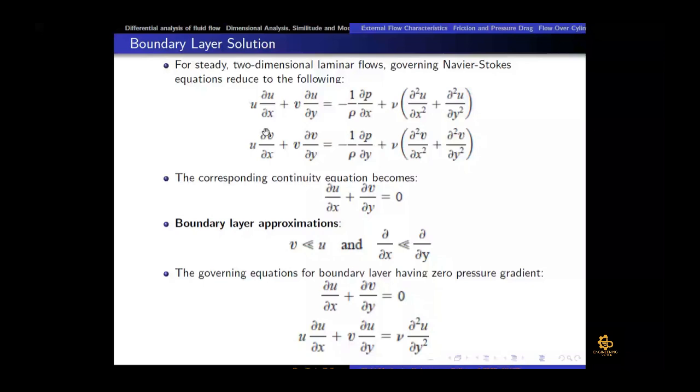Then v velocity itself is very small, so we can neglect the second term as well. Then if the gradient of partial v by partial x is 0, then the next term would be 0 as well. And because v velocity itself is quite negligible as compared to the u value, this term is also 0. So we are left with only one term, partial p by partial y, which is equal to 0. So within the boundary layer there is negligible pressure gradient in the y direction.